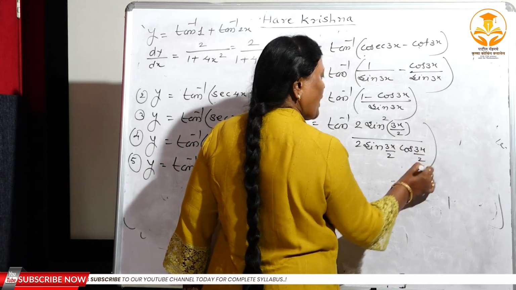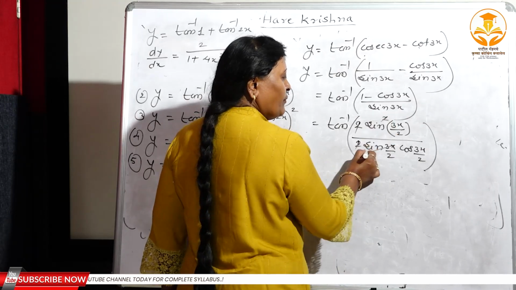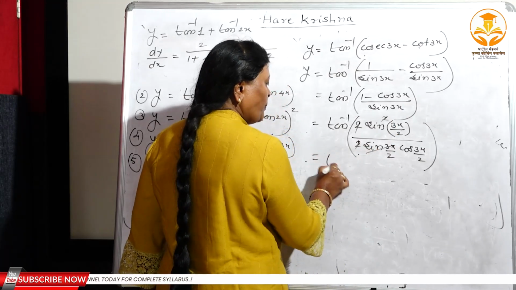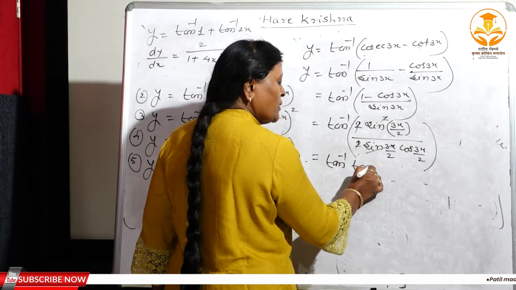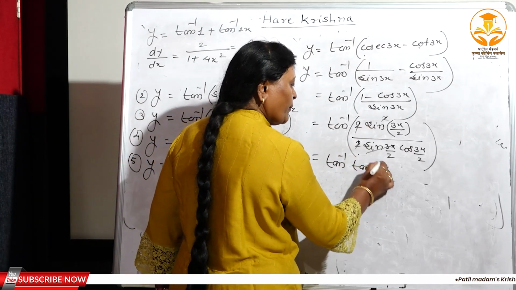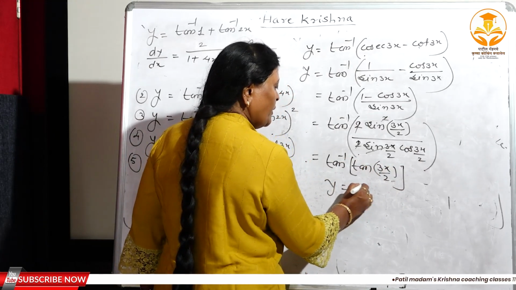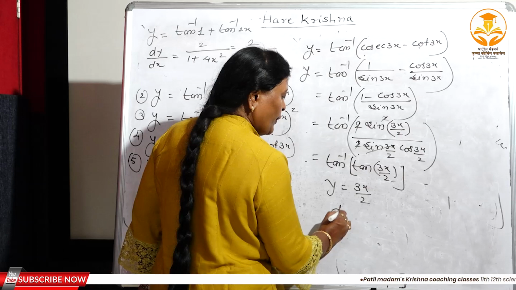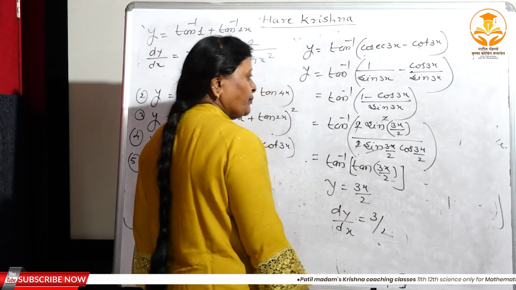This formula, this bifurcation you have to use there. Again 2 gets cancelled, again 1 sin 3x by 2 gets cancelled. Here tan inverse sin by cos you have got as tan 3x by 2. Again tan inverse tan gets cancelled, what is remaining? 3x by 2. Therefore dy by dx is equal to 3 by 2, right?